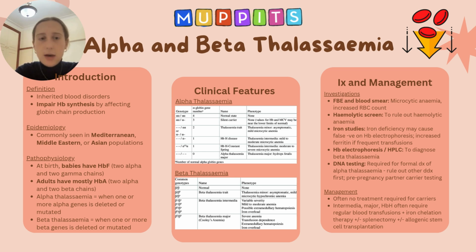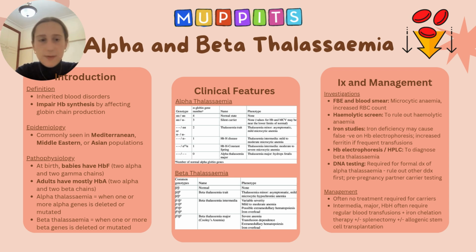Beta thalassemia can be diagnosed by either HB electrophoresis or chromatography as well. But interestingly, for alpha thalassemia, DNA testing is actually required to formally diagnose it. First of all, other differentials should be ruled out. And it's also used, as you might know from if you've done your O&G rotation, for pre-pregnancy partner carrier testing.